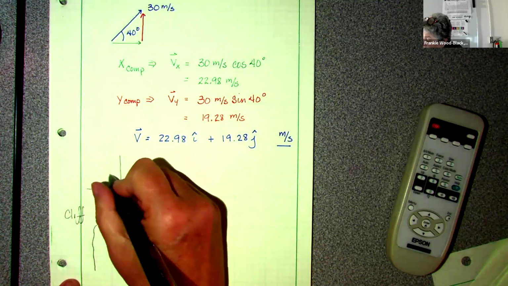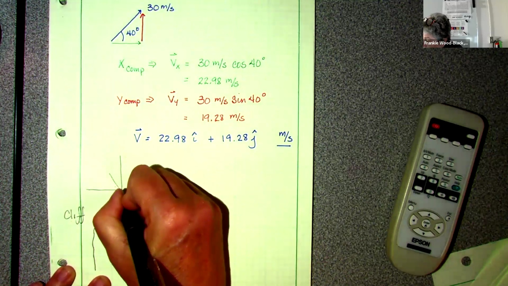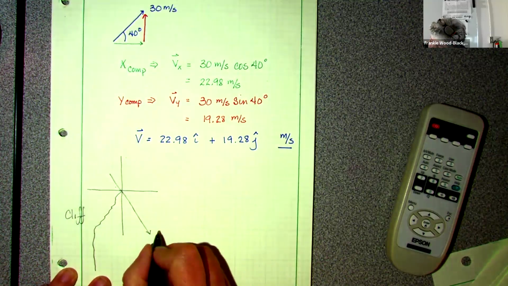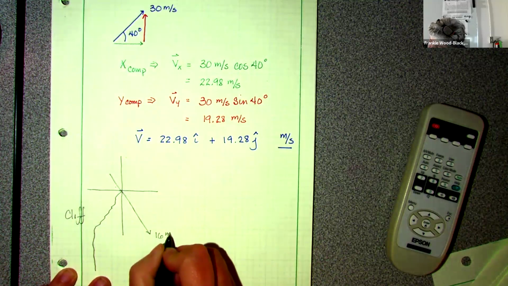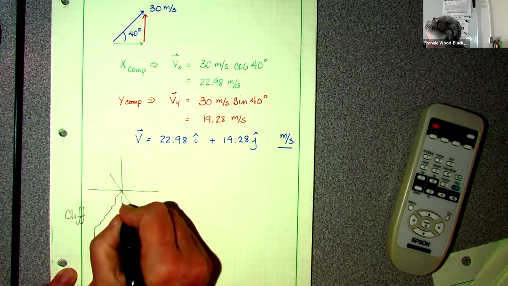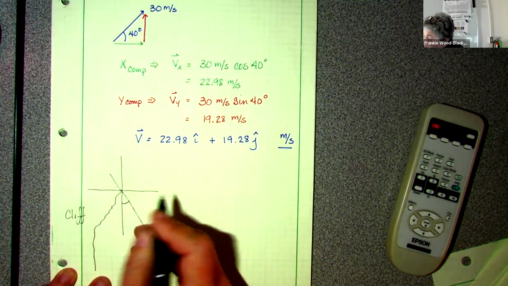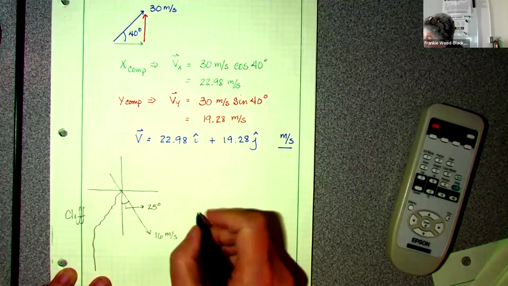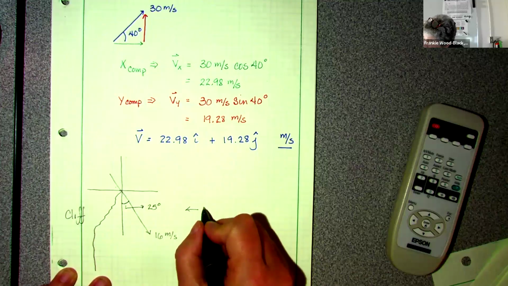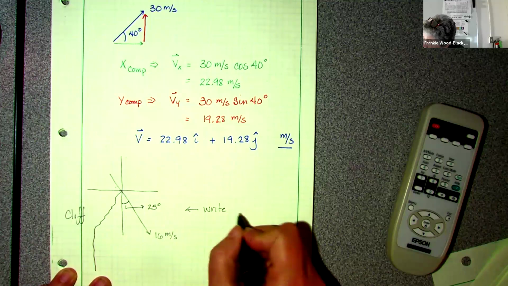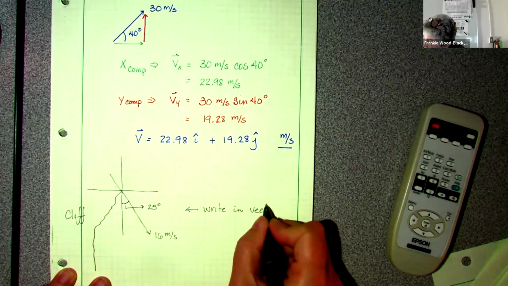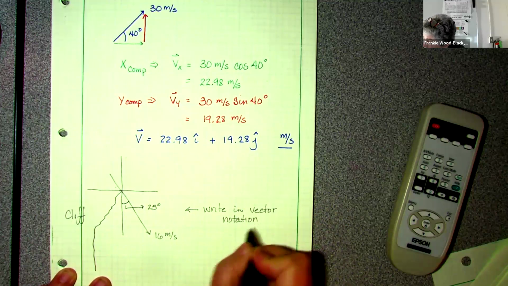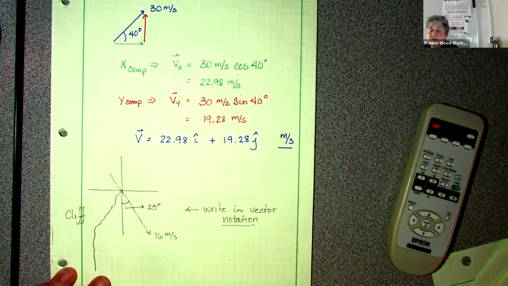And we're going to throw a ball with an initial velocity of 16 meters per second. And we're going to give you this angle, and that angle is 25 degrees. We want to write it in our vector notation.